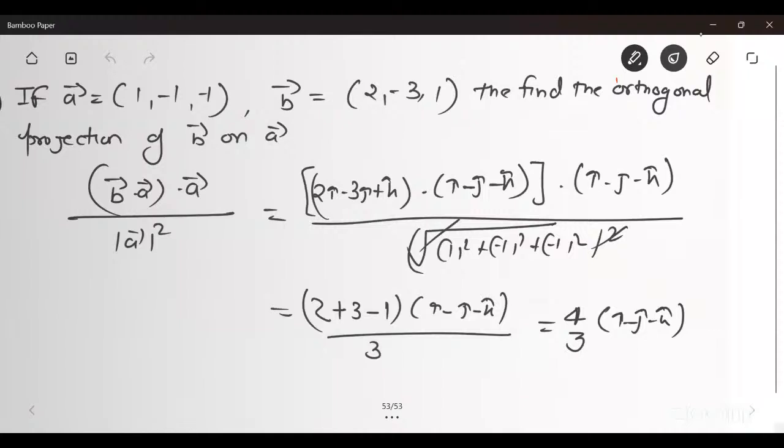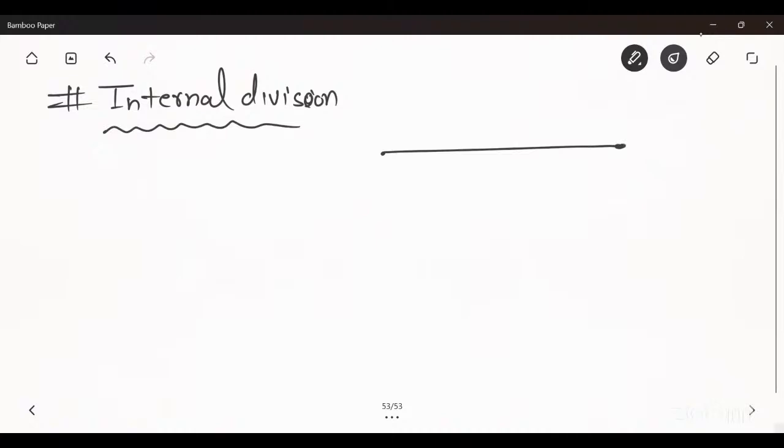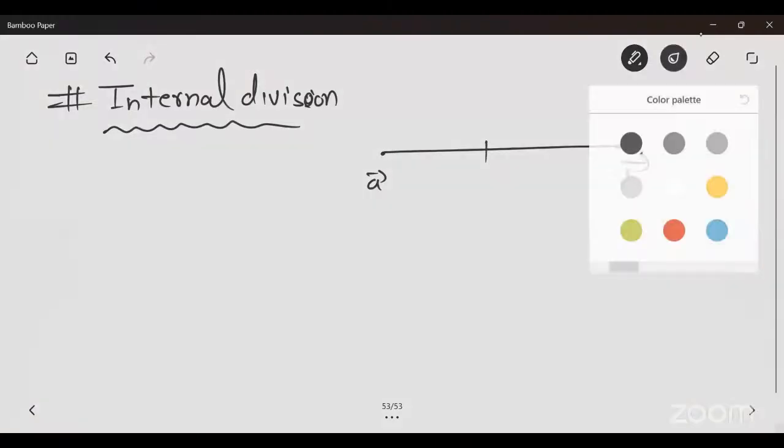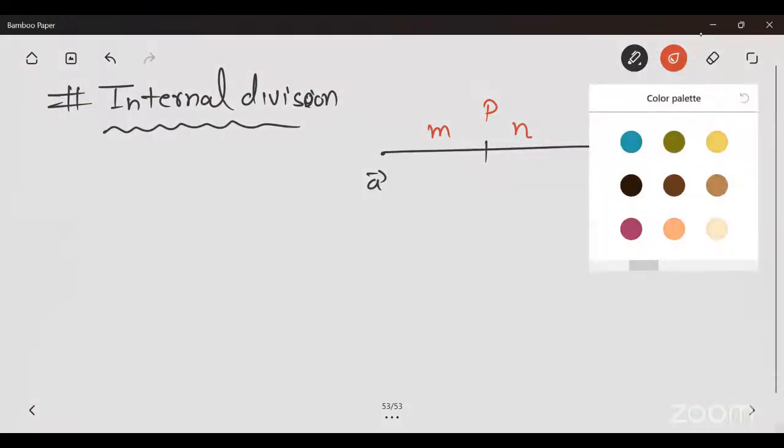Now the next and the last topic will be the internal division of a vector. Suppose this is the vector A and vector B, the position vectors of points A and B. Suppose a point comes here, let's say P, which divides the line joining them in the ratio m to n.